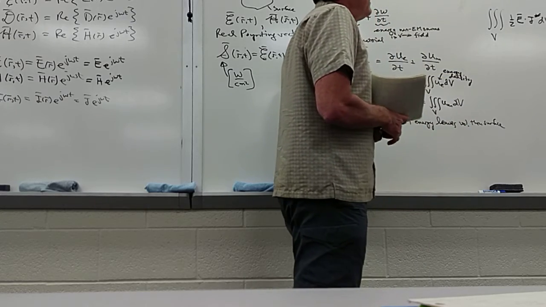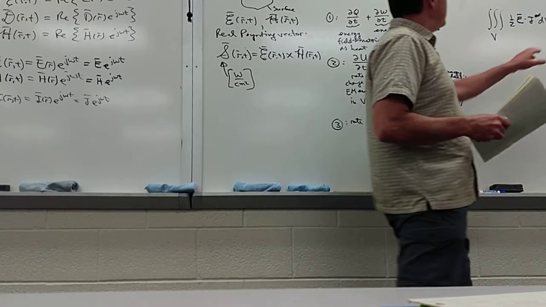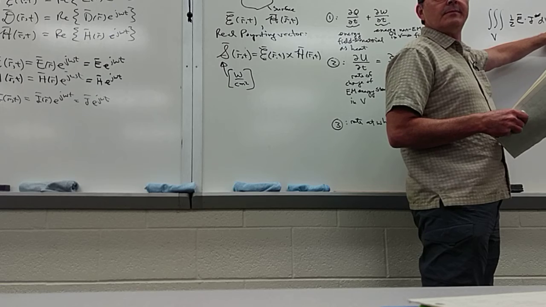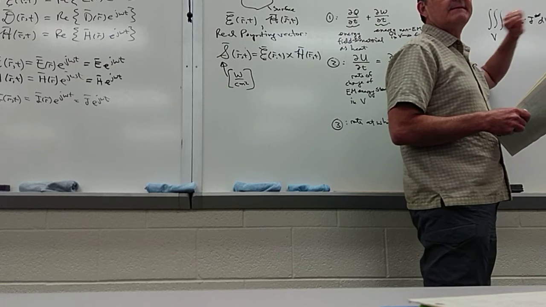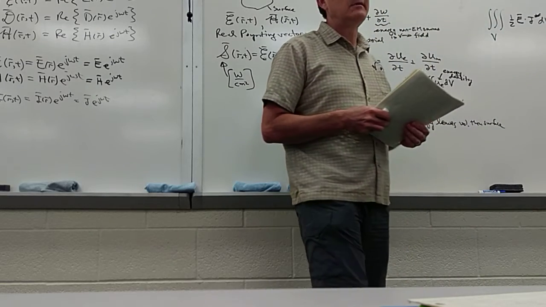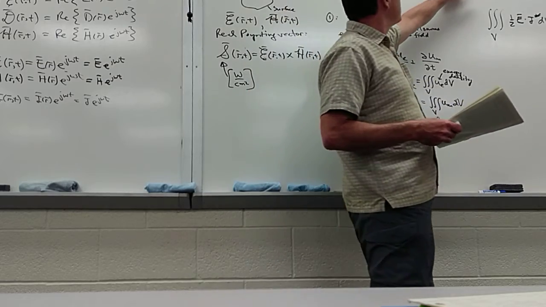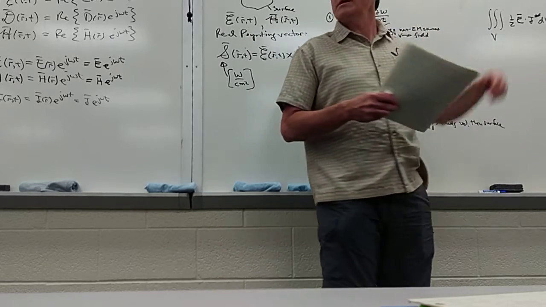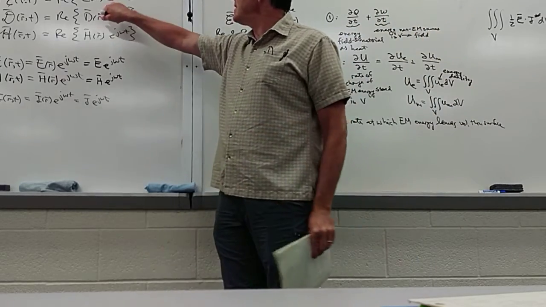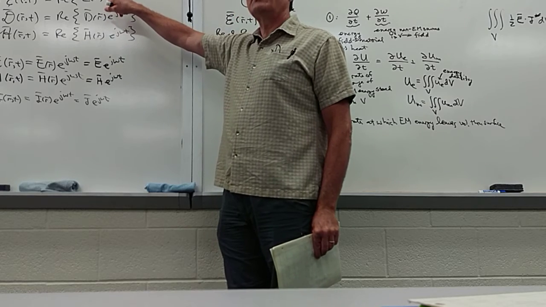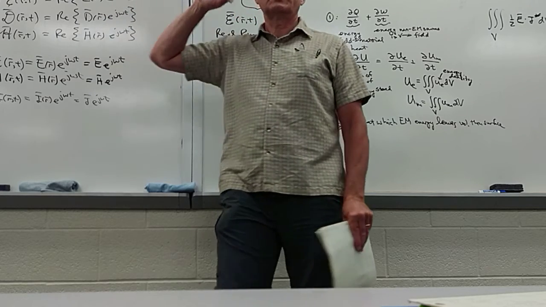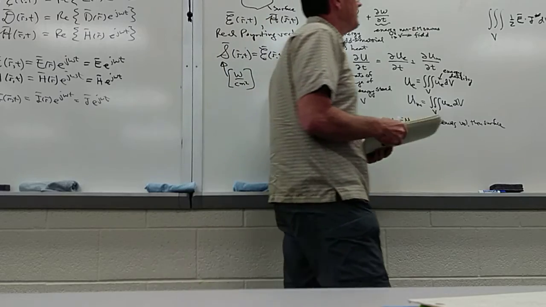Okay, now, where did the j omega come from? Yeah, from the partial derivative with respect to time, because if we take a partial derivative with respect to time, it's just going to pull a j omega down. So that's where that j omega comes from.